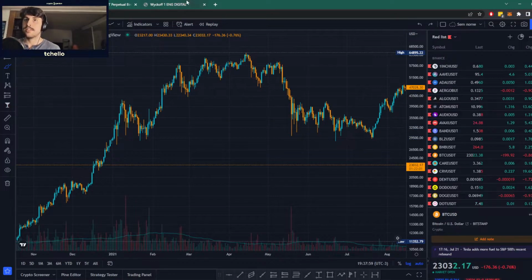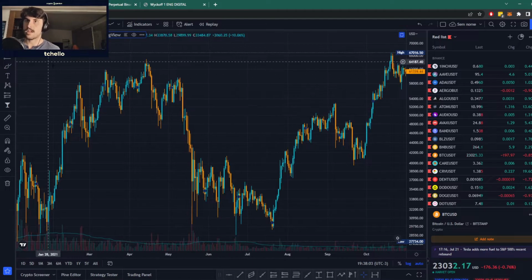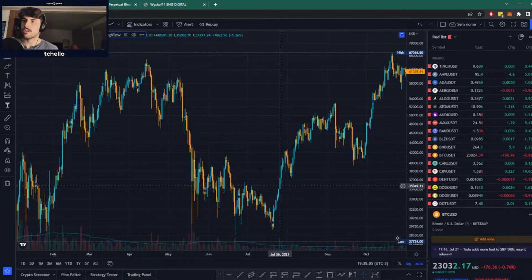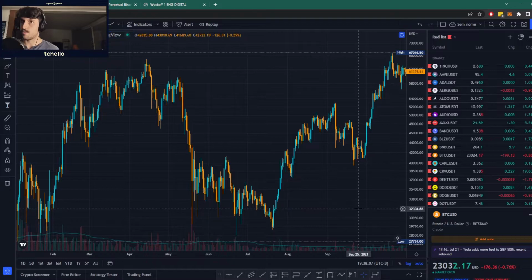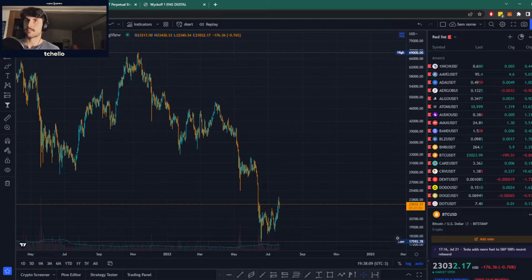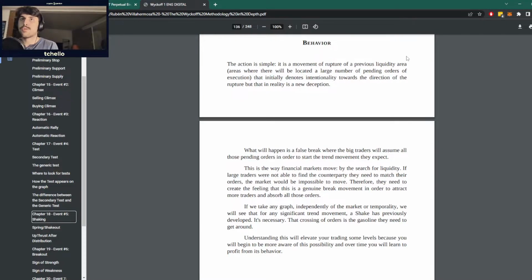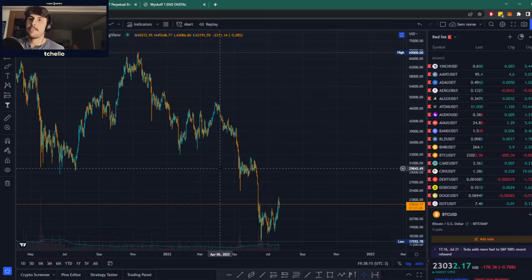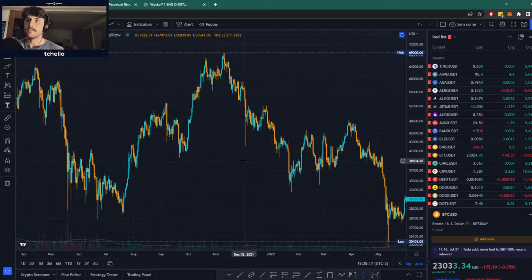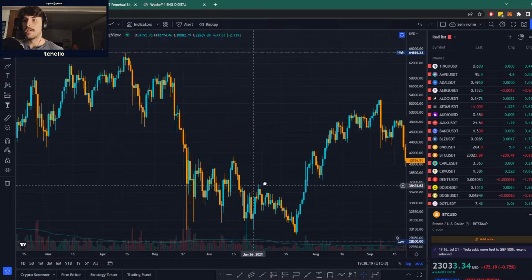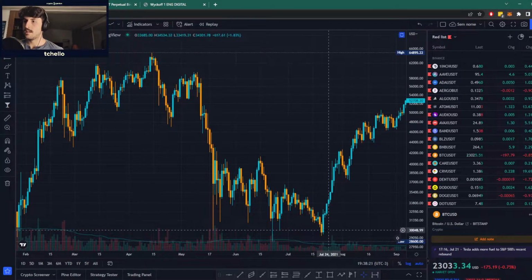And neither of those things were true, because here we had a distribution and here we had a little bit of an accumulation. So you'll see that false break, and that's where a lot of people are getting caught. If you look back into the liquidation statistics, you'll see that these days here are the days that a lot of people get liquidated.